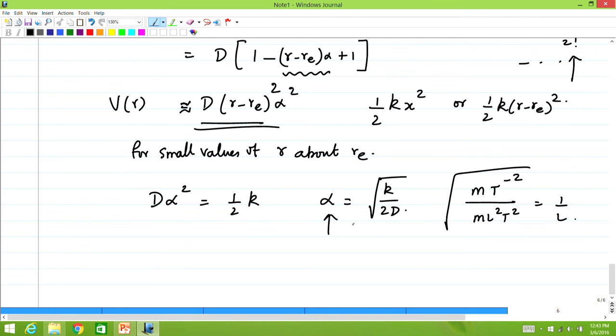So, the interpretation of alpha is that this k, the force constant, is basically 2D alpha square.